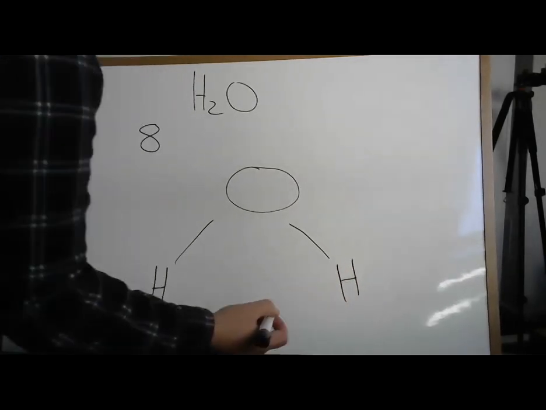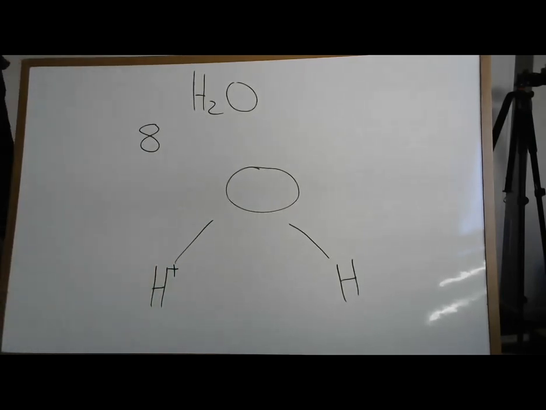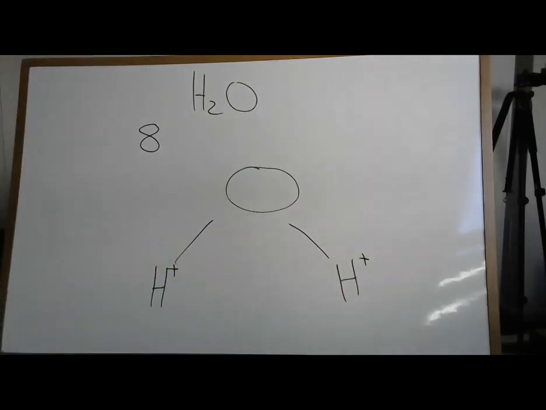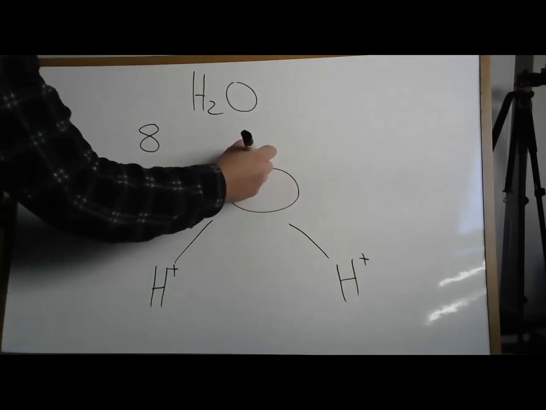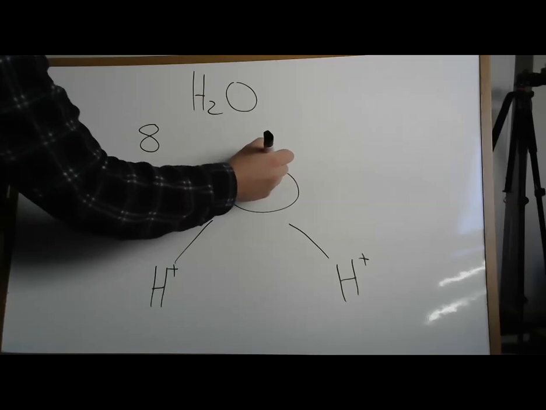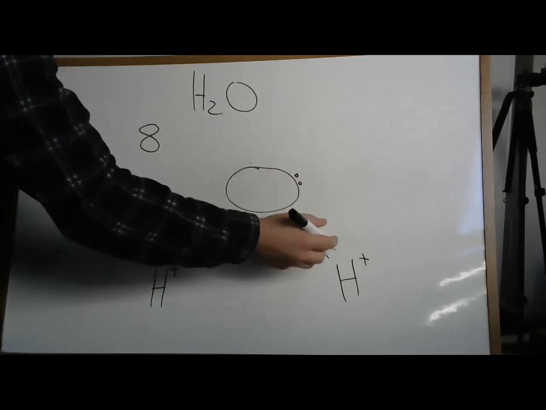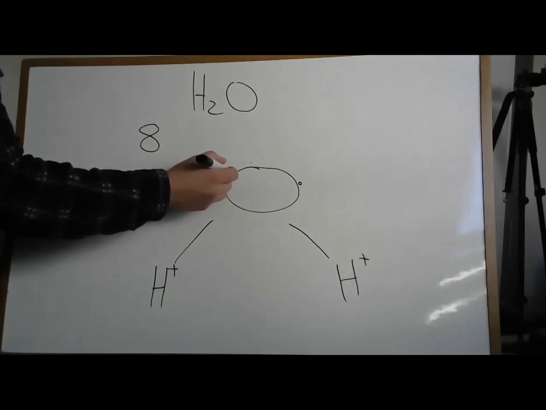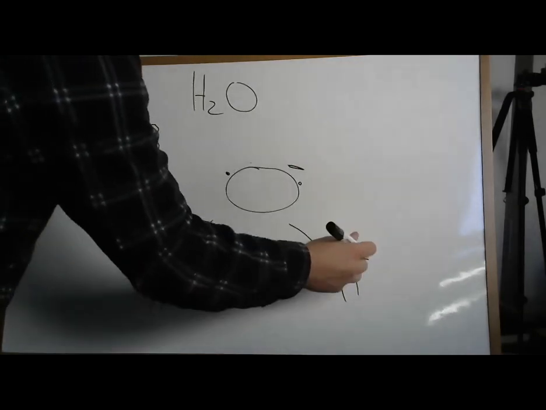So H plus is what we call an unshielded atom. And I'll go through electron shielding later on in this. So H plus, and then we have an extra pair. They will steal the 2 electrons from hydrogen. So you end up with negatively charged and positively charged.